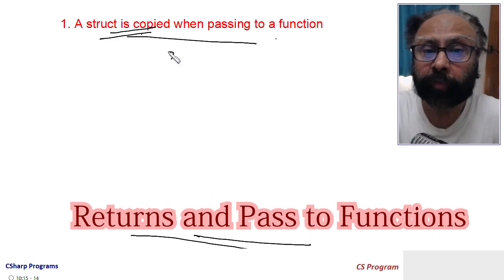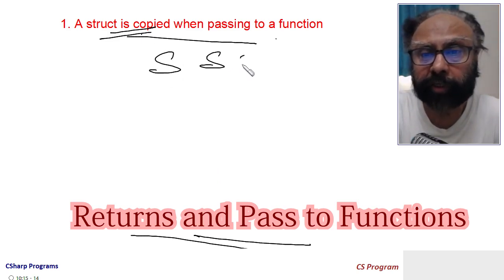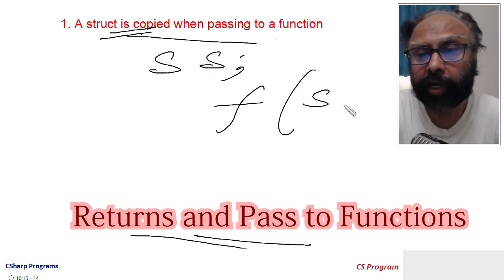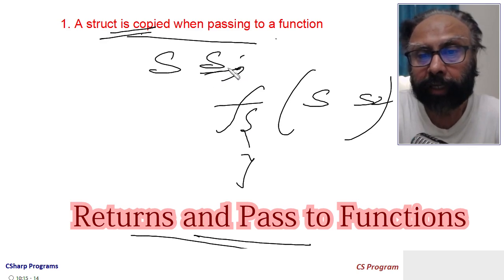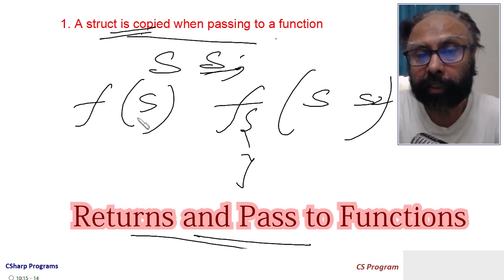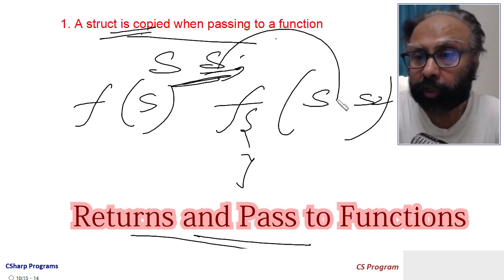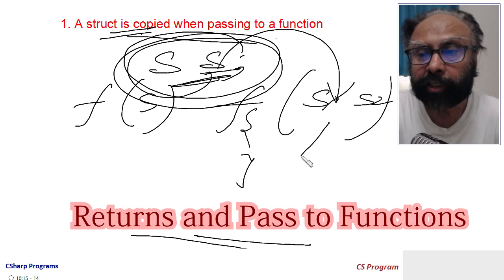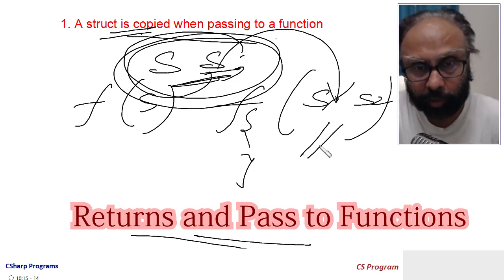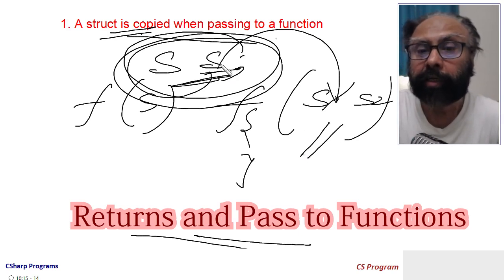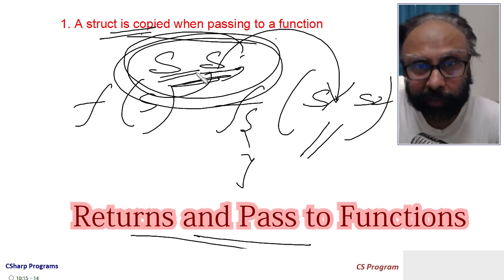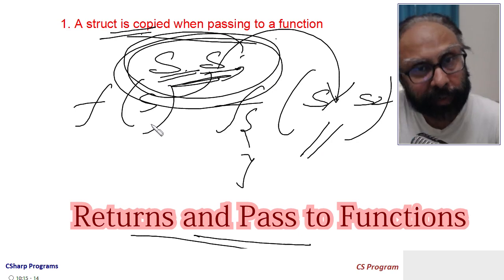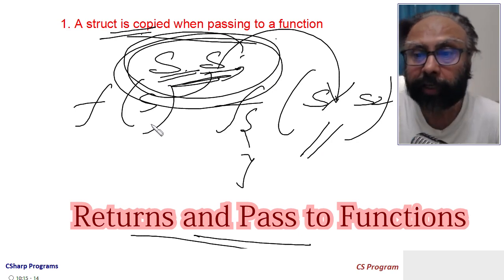This means if I have an object of a struct s, and I pass it to this function, then this s will be copied into this one. So the original will remain the same, and the action will take place on the copy. So these structs do not get modified when they are passed to a function. This is one thing that we should be aware of.